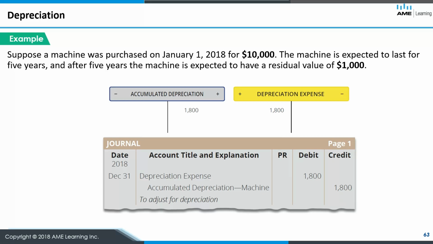That is 1,800. Yeah, that makes sense. 9,000 divided by 5, we get 1,800. And we will record that same $1,800 expense entry if we are only recording depreciation every year.